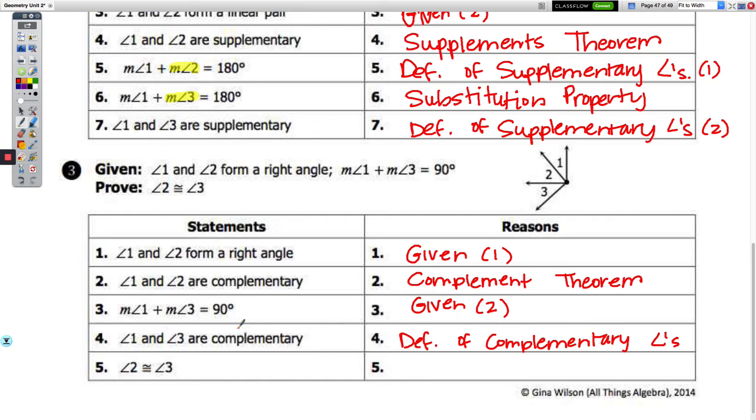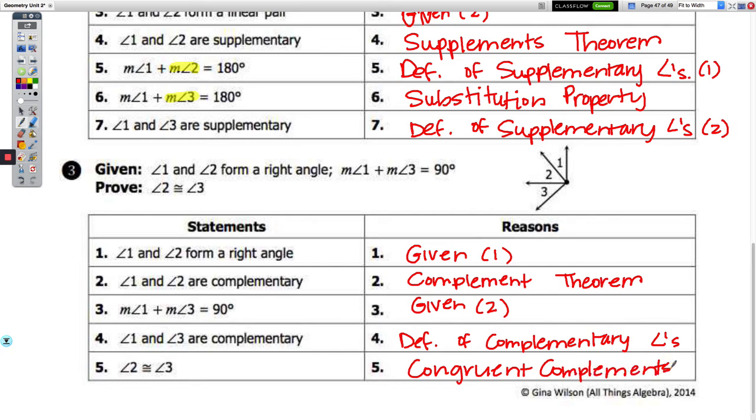So if angle 1 and angle 2 are complementary, and angle 2 and angle 3 are complementary, then we know that angle 2 is congruent to angle 3, and that is the congruent complements theorem.